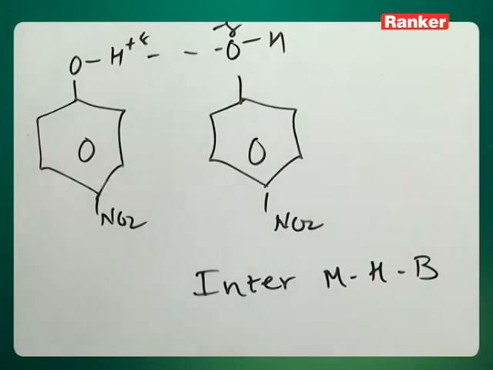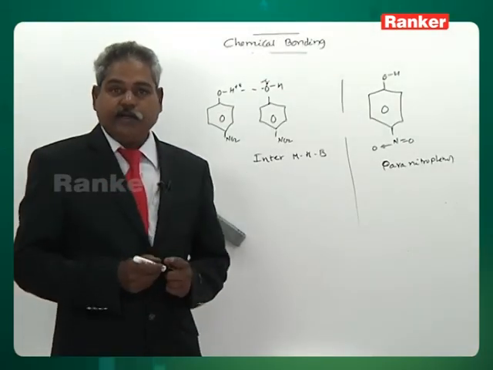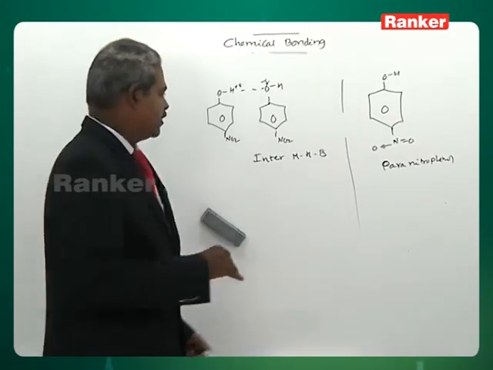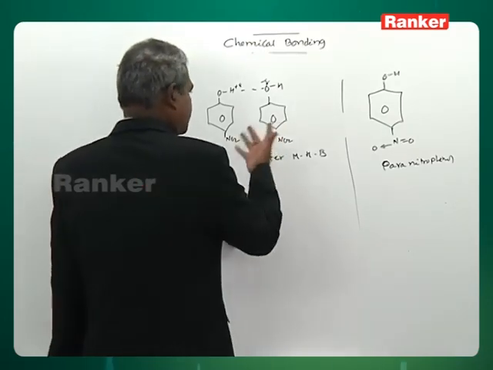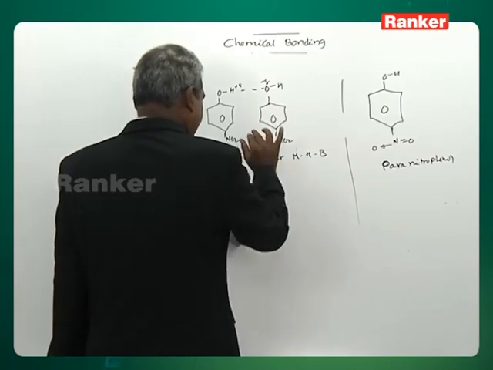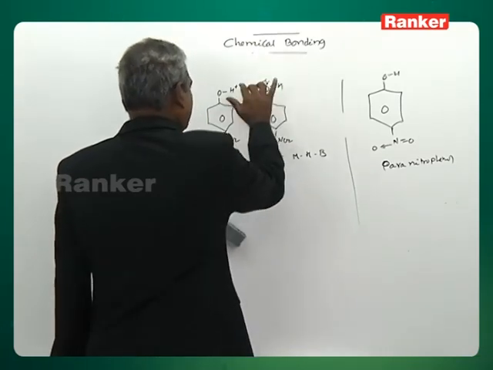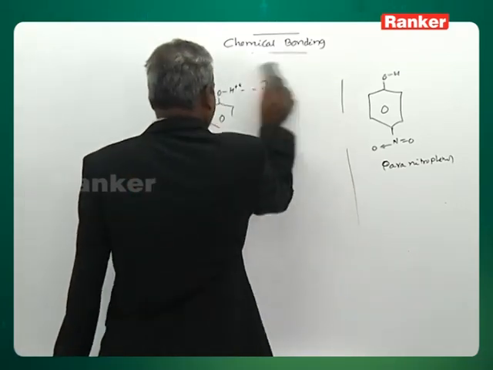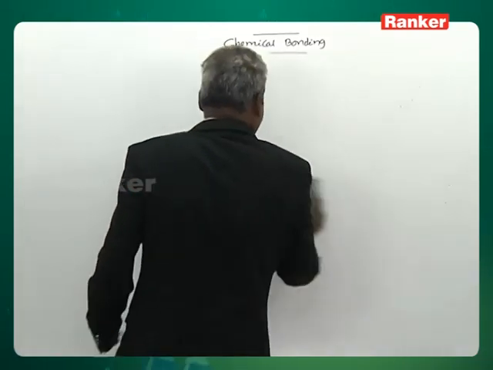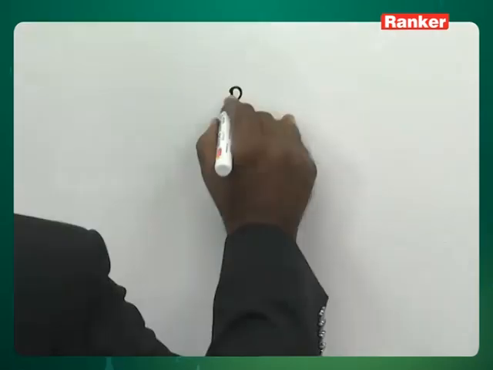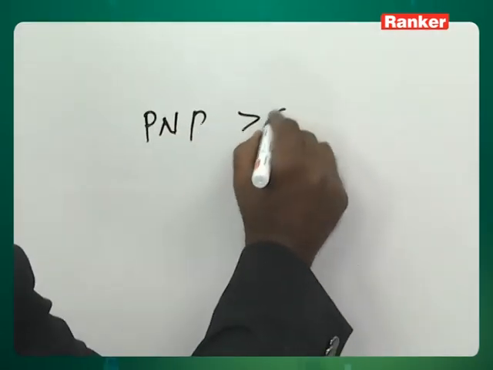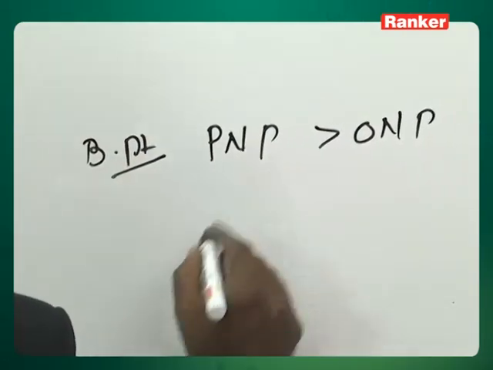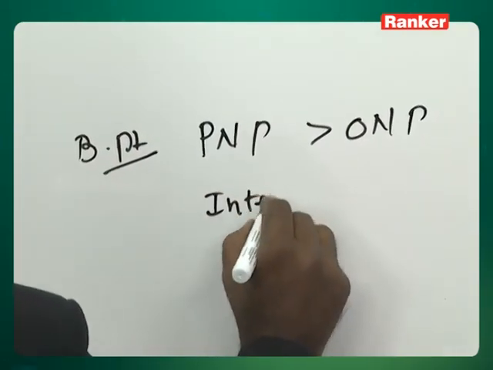Boiling points depend on whatever is there between two molecules, not what is there inside that molecule. So, intra doesn't affect, only intermolecular hydrogen bond affects boiling point. Therefore, the boiling point of paranitrophenol is greater than that of orthonitrophenol because of intermolecular hydrogen bond.